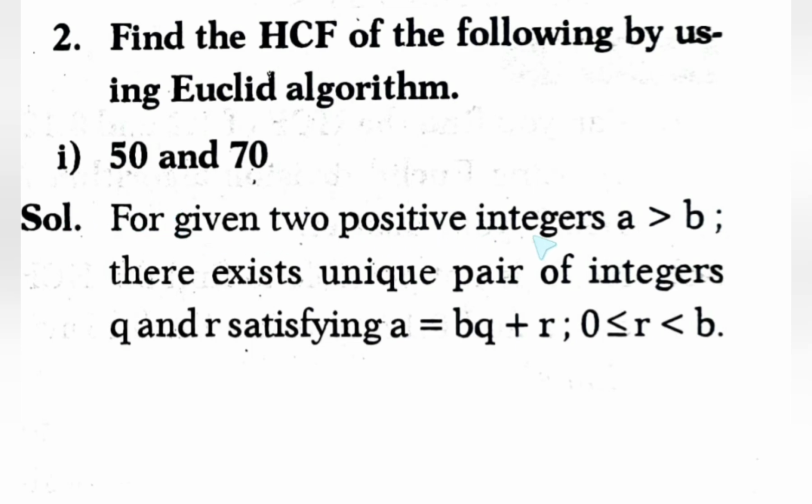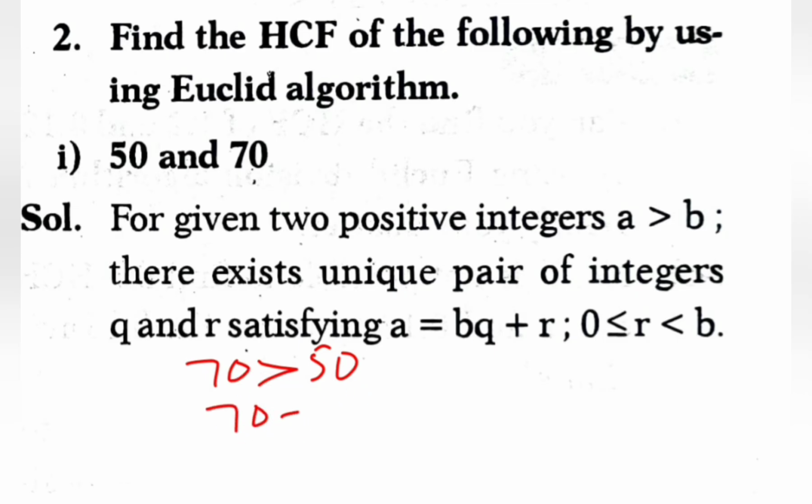For given two positive integers a greater than b, there exists a unique pair of integers q and r satisfying a equal to bq plus r, where 0 is less than or equal to r less than b. a is greater than b, that means a is 70. 70 is greater than 50. So we should take a equal to 70.